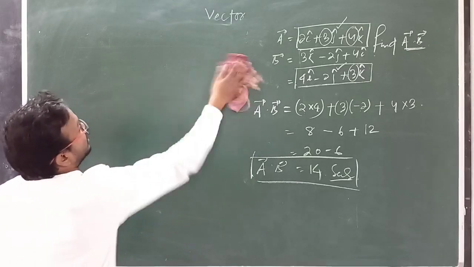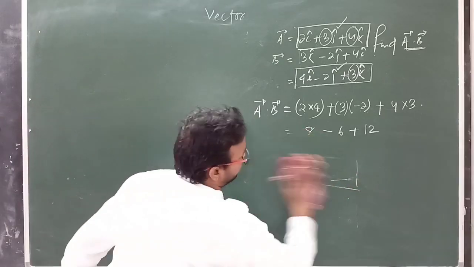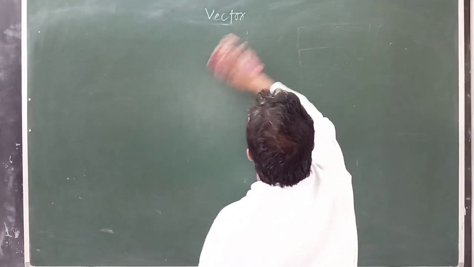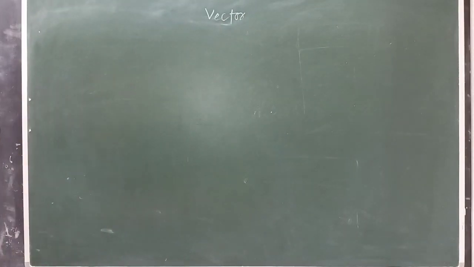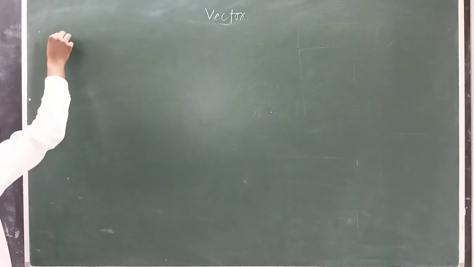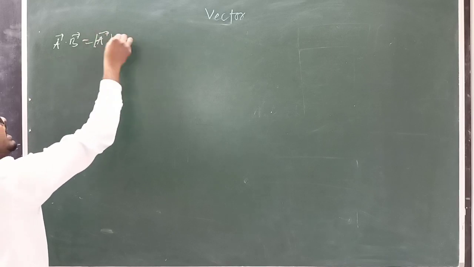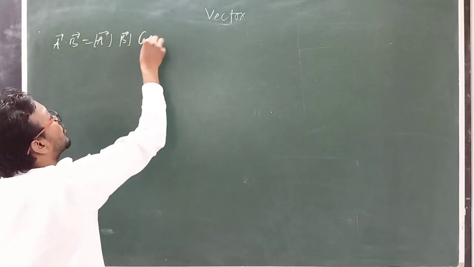Clear? So now let's start. How can we find the angle between two vectors? So here, for two vectors a and b, a dot b equals magnitude of a and magnitude of b into cos theta.